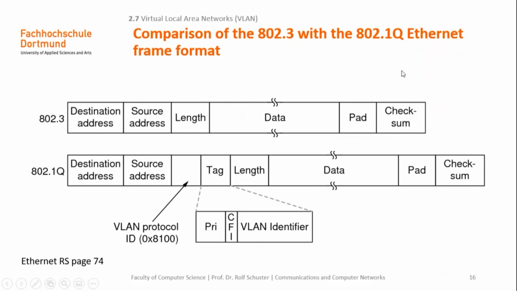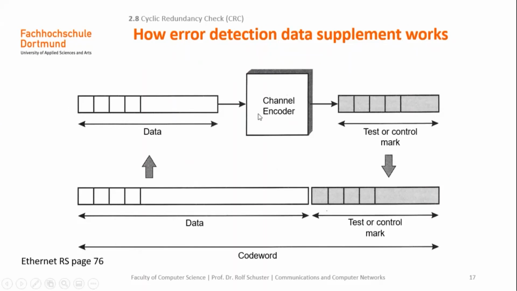In the case of Ethernet, we use an algorithm called cyclic redundancy check, and that is what we will study now. Typically, if this is the content of the frame that needs to be transmitted over the network, we use a particular channel encoder that generates bits called the test bits, or in the case of Ethernet, the frame check sequence bits.